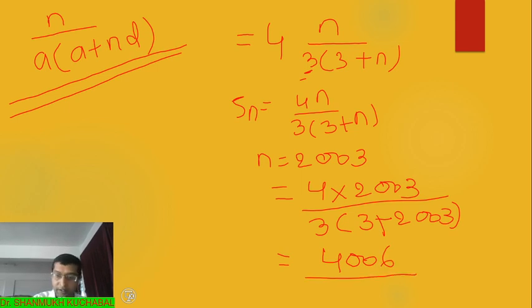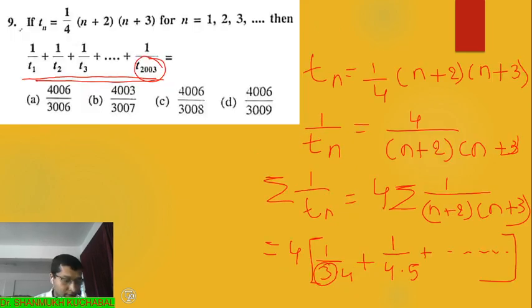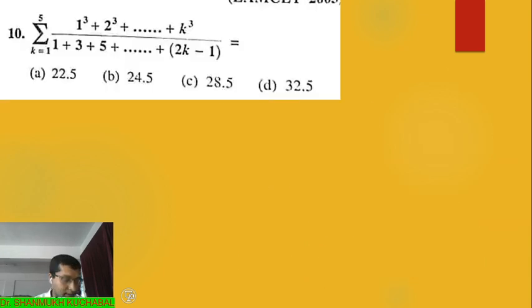Denominator simplification, it is 2006 into 3, so we get 3009 in the denominator. Okay, if you simplify this, the answer is 4009 divided by 3009. So option D is the right answer.